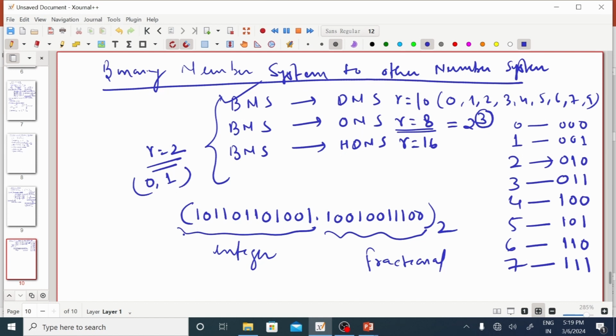Here we start the grouping from right to left in case of the integer portion, and in case of the fractional portion we start grouping from left to right. This is the main focus during conversion of a binary number system into an equivalent octal number system.